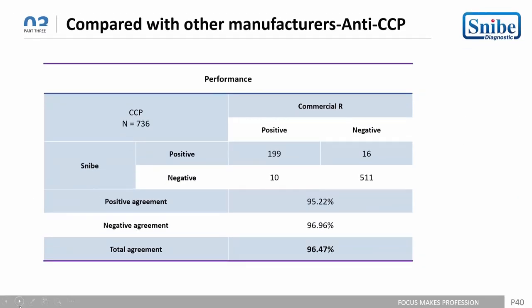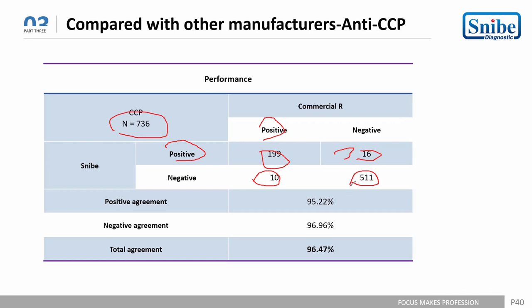If we go for performance comparison with another manufacturer of anti-CCP on the basis of 736 samples, the commercially available rheumatoid and anti-CCP marker to rule out rheumatoid arthritis. The SNIBE versus the commercially available: 199 samples were positive on both and 10 samples were negative, 16 were positive on the SNIBE and negative on the commercially available, while the SNIBE has 511 samples also negative, which were also negative on the other company.